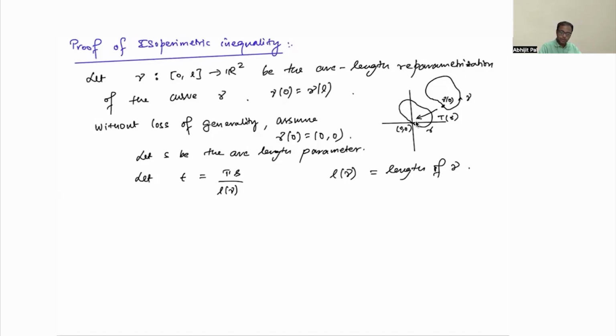Now this gamma passes through the origin, and we'll be using the polar coordinates. So let x equal r cos theta and y equal r sin theta. What I want is that we want this curve to be also a regular curve.